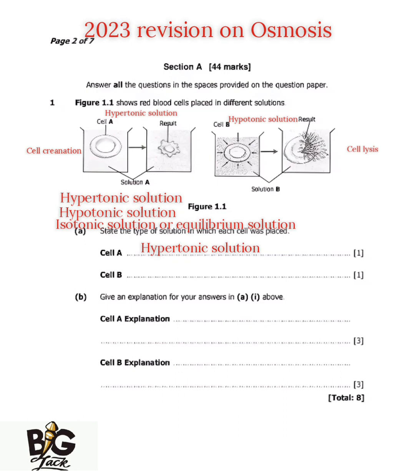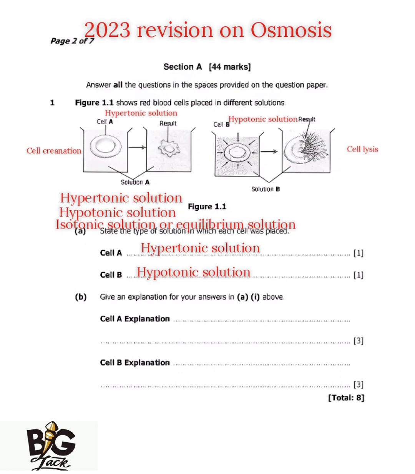Cell B was placed in a hypotonic solution. When a red blood cell is placed in a hypotonic solution, it gains water by osmosis, and if it continues gaining water, it undergoes cell lysis and eventually bursts, like the result is showing here.